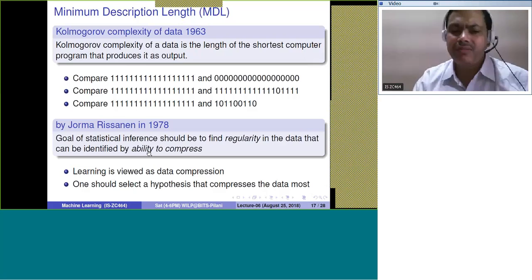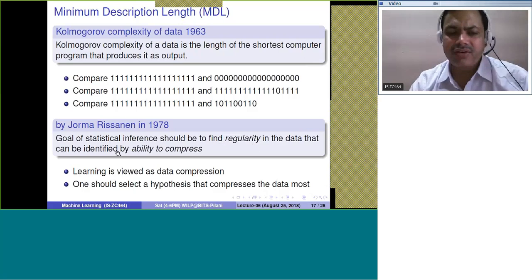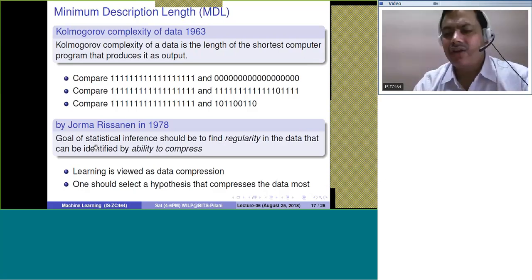If I can compress more, it means I am better at finding the regularity. If I can find the regularity, I can do the compression. How well you have learned can be seen as how well you have compressed the data.